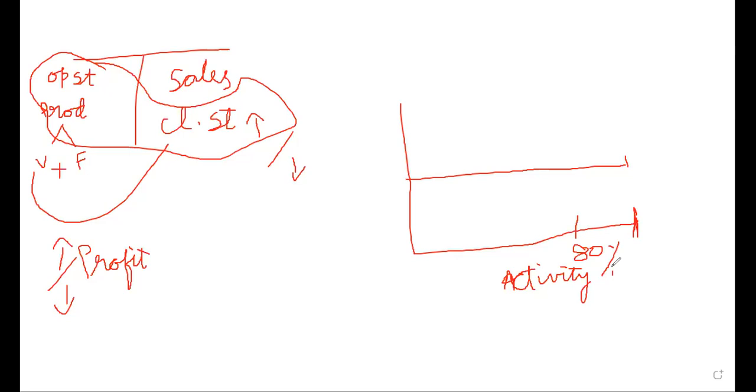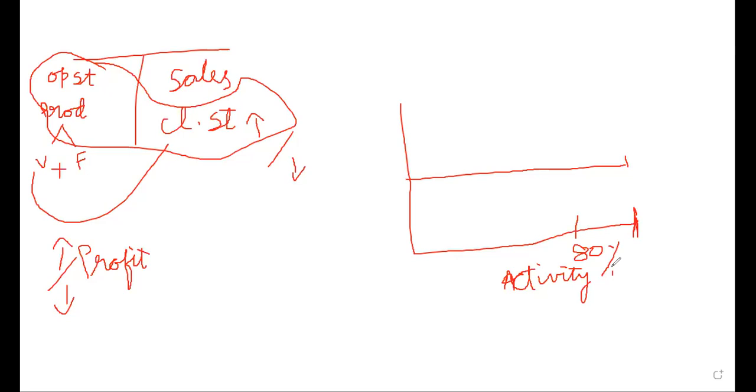So because they're already operating at 80%, at 80% itself, they would have taken care of the total amount of fixed cost, because the total amount of fixed cost is the same till it reaches 100% capacity. So all the amount of fixed cost is already absorbed at 80% capacity level. So when they operate beyond 80% capacity, they do not have to incur any additional fixed cost.